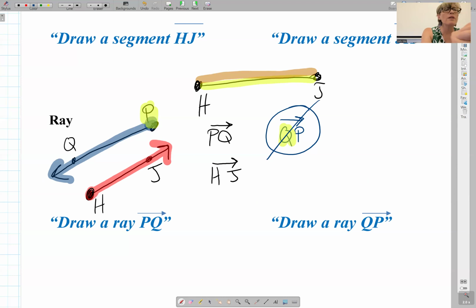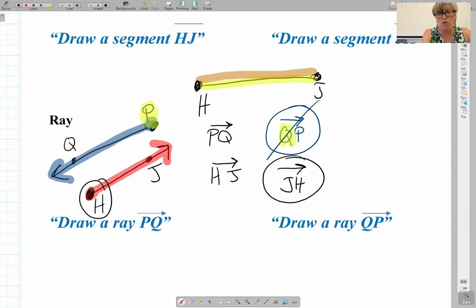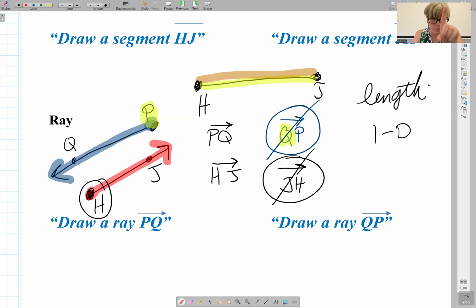Same thing with the red. Since H is the endpoint, if you did JH like this, that is also incorrect. A ray also only has one dimension, therefore it is 1D. It just has length.